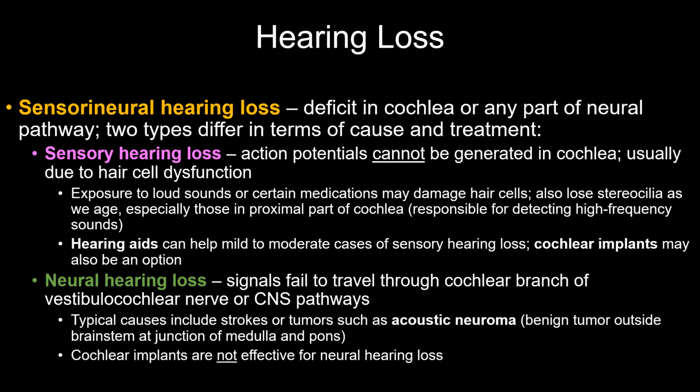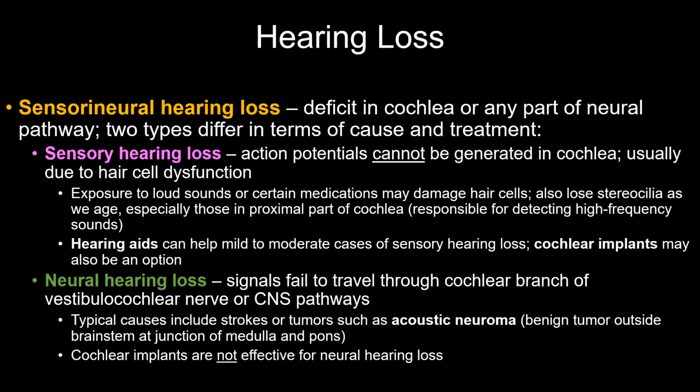Sensory hearing loss or sensory deafness, this is when the action potentials are completely unable to be generated in the cochlea, and this is usually due to dysfunctional hair cells. Loud sounds, certain medications, these damage hair cells.